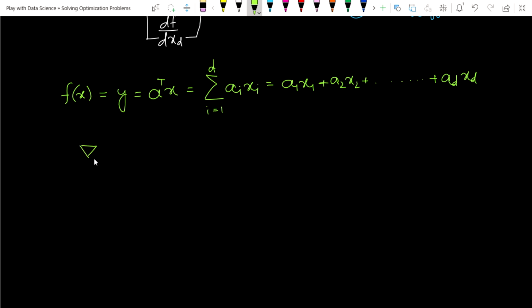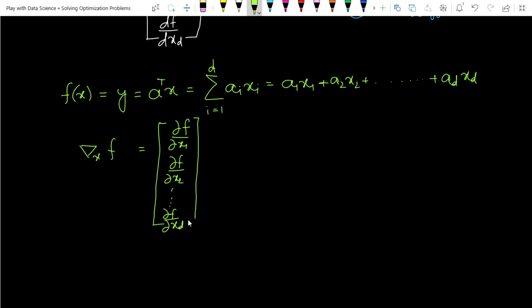So our grad with respect to x of f will be del f by del x1, del f by del x2, up to del f by del xd, because the dimension of the space is d.